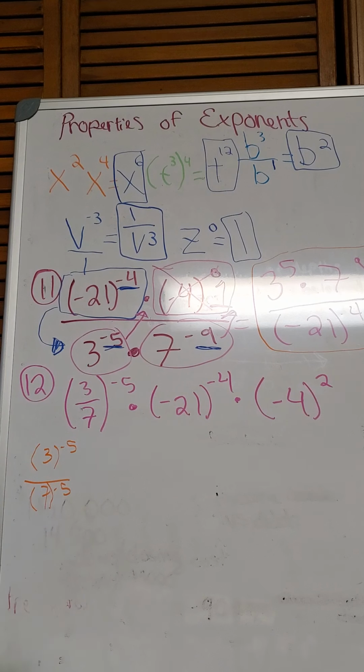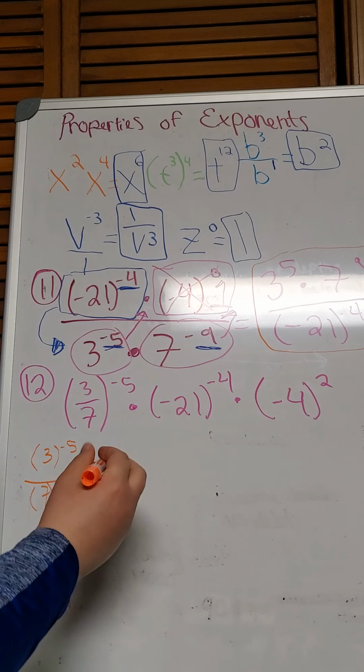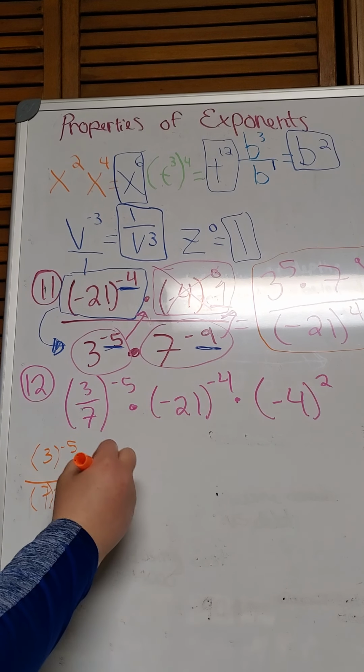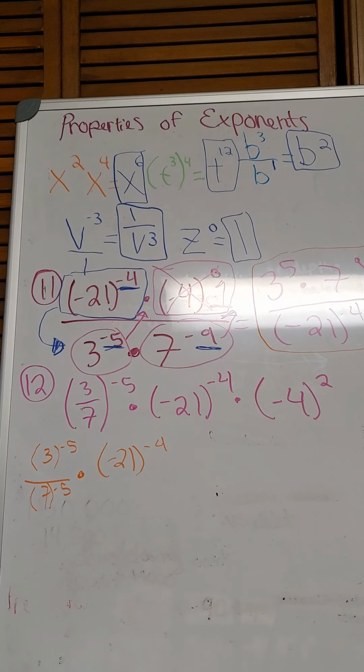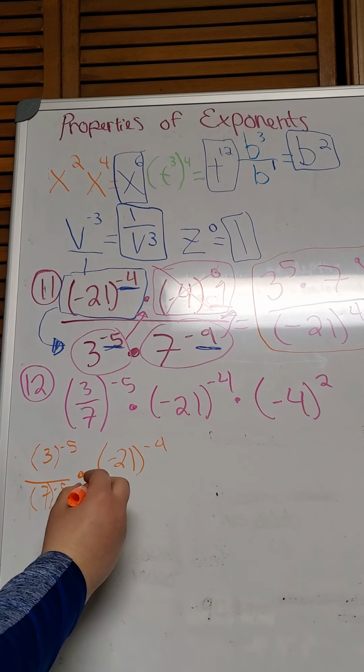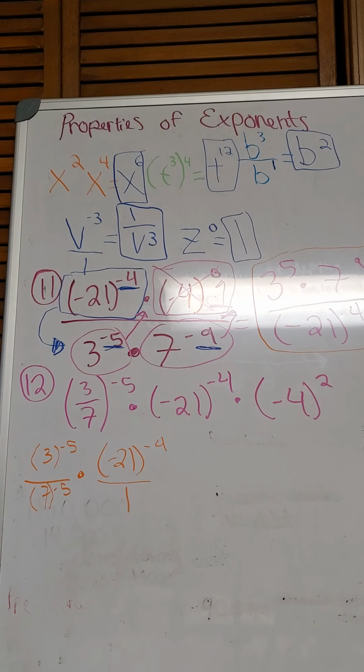Okay. That's what it means to have a fraction raised to a negative exponent. Now that is being multiplied by negative 21 to the negative 4th. Now keep in mind, if this was a fraction, it's going to be over 1. So it's going to be in the numerator.